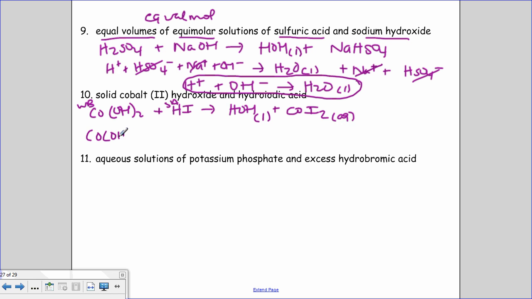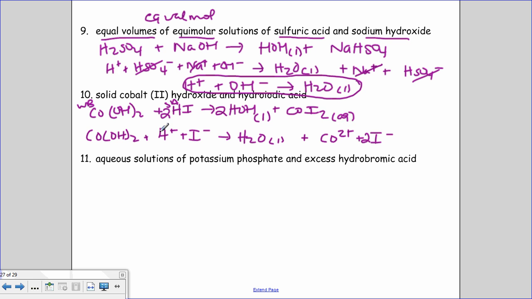Keep your cobalt 2 hydroxide together. Your H and I come apart. Your water stays together, and your cobalt 2 and 2 iodide ions will come apart here. So, oops, I didn't balance it before we started. So this 2 for the I should come in front of this hydroiodic acid. There's a 2 here, so I need to put a 2 in front of the water and 2 hydroxides.